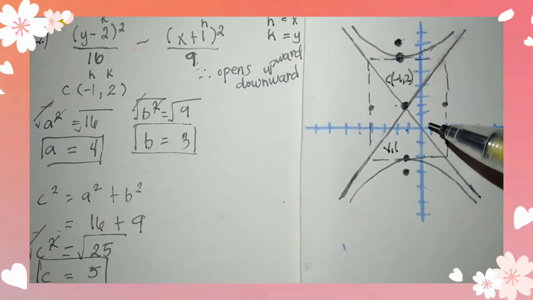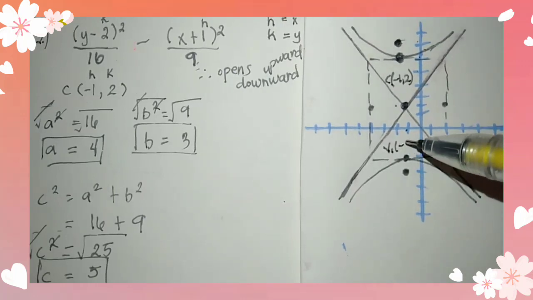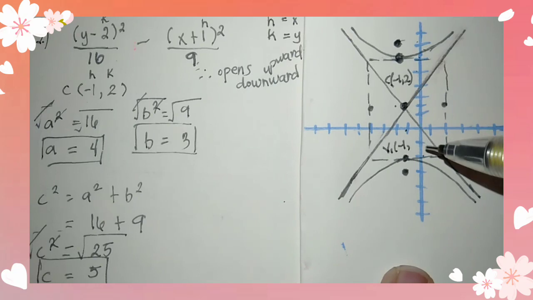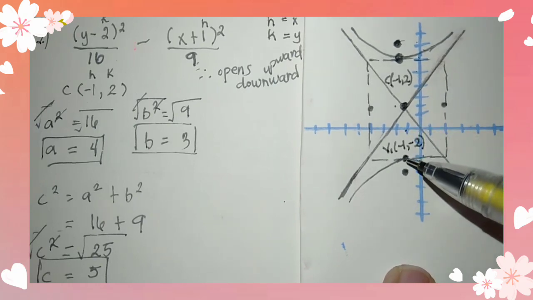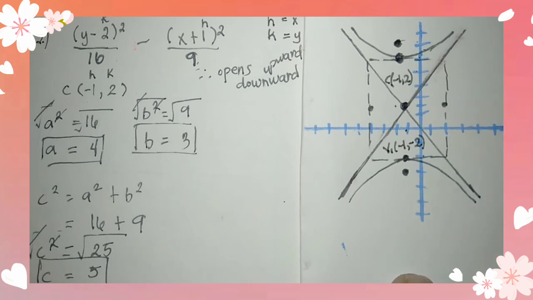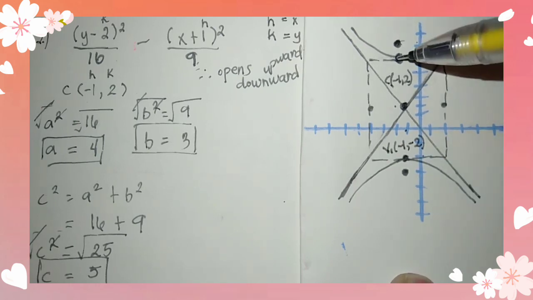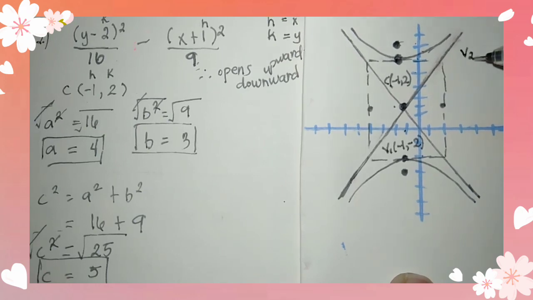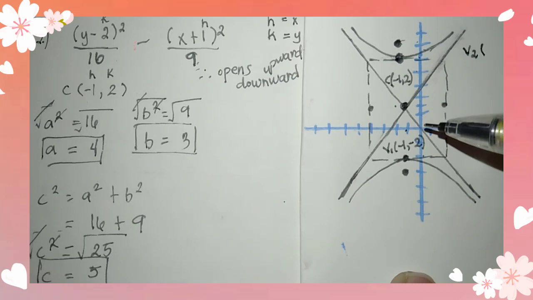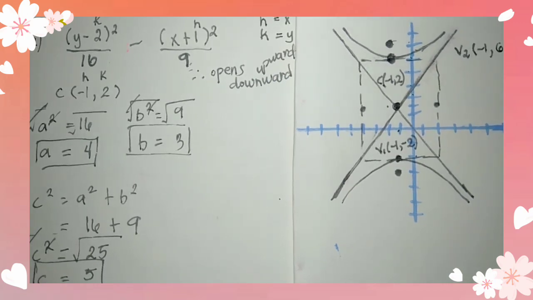Vertex 1 will be at negative 1 and negative 2, since nandito siya. And ang atin namang vertex 2, dito na lang natin ilagay since hindi siya kasya dito. Vertex 2 will be at negative 1 and positive 6.